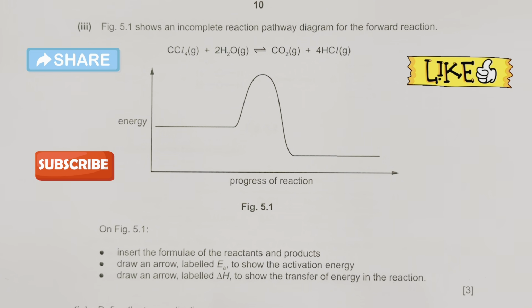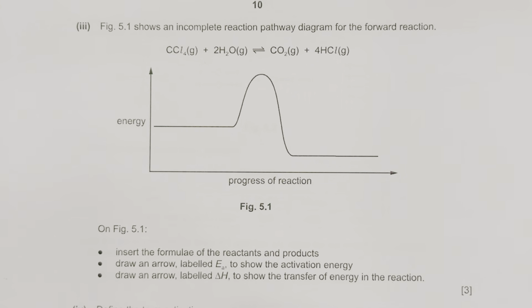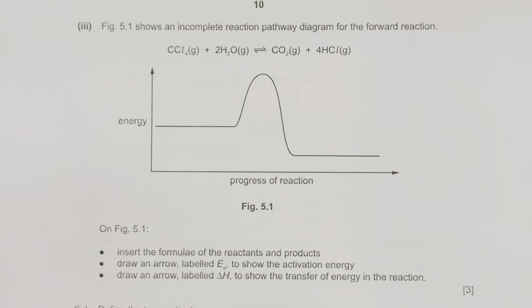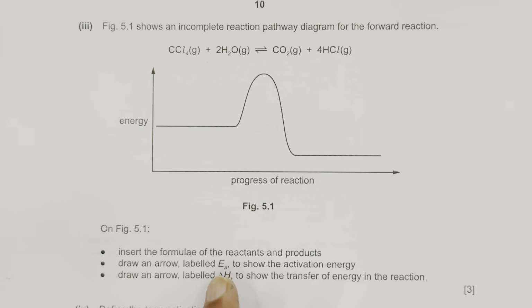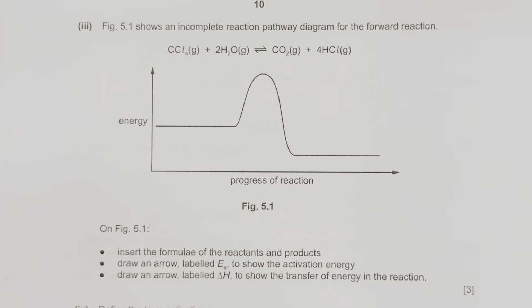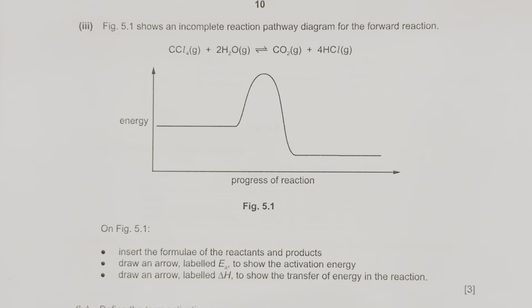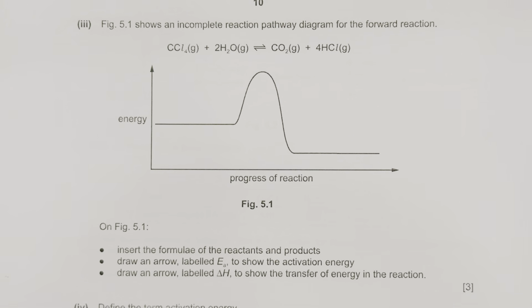This equation was written in the earlier part of the question as well. On figure 5.1 we need to insert the formulae for the reactants and the products. Draw an arrow, label it EA, which means activation energy, to show the activation energy, and draw an arrow and label delta H to show the transfer of energy in the reaction. So we need to label the diagram for this part of the question.